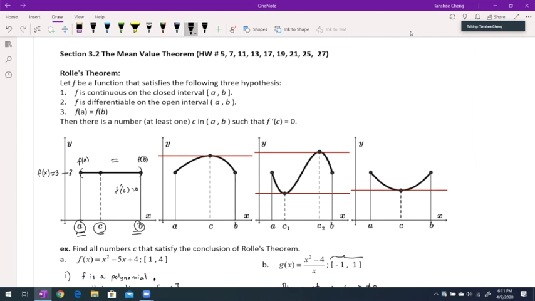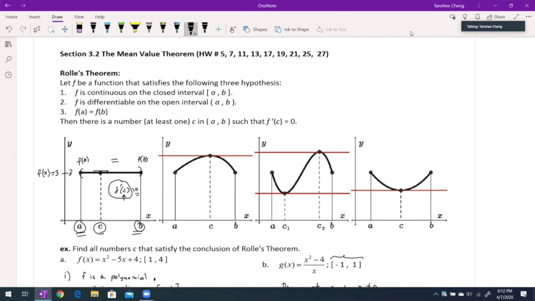You can look at it here: the tangent line will be a horizontal tangent line. f prime of c is the slope of the tangent line at that point, and it is 0, meaning a horizontal tangent line. For this first case, the constant function has a horizontal tangent line at every point, because it's a horizontal line to begin with.